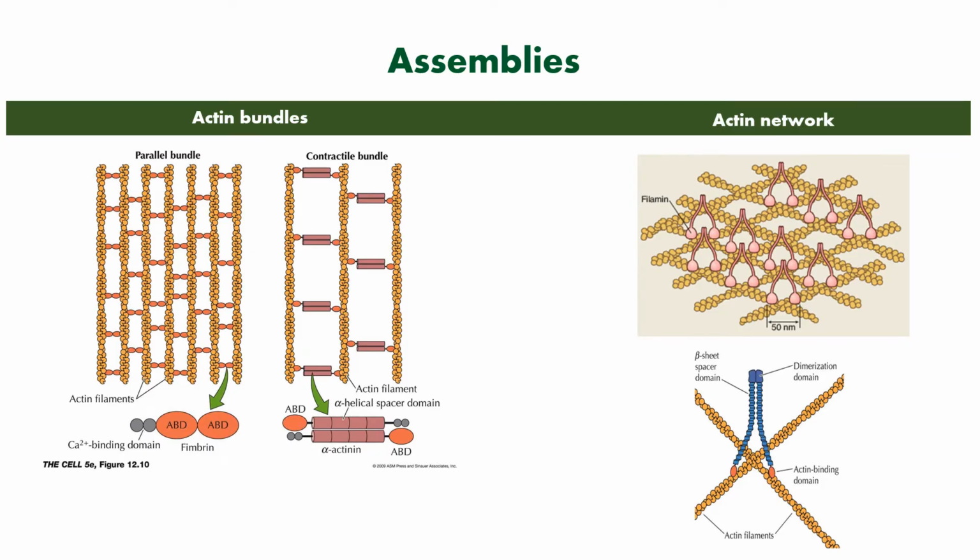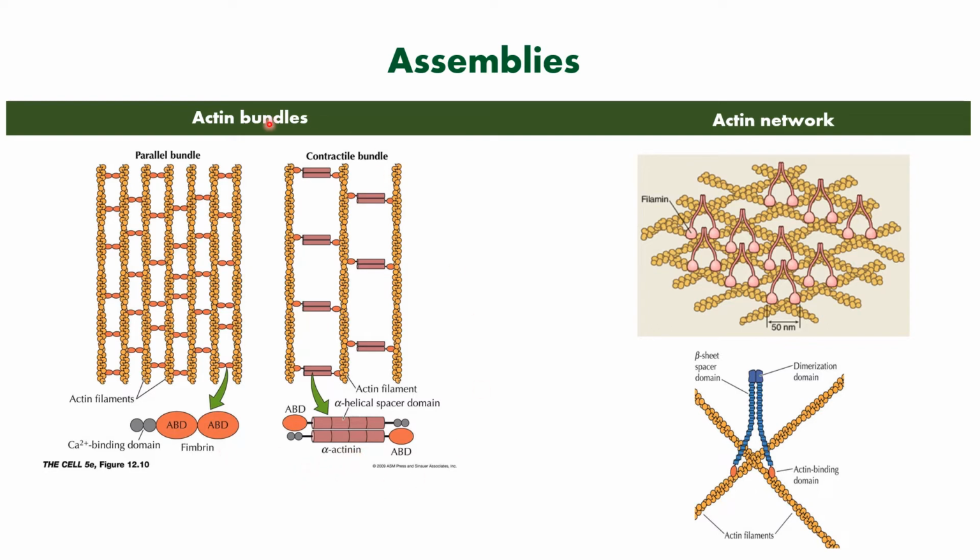The microfilaments or the actin filaments can be assembled into two main types, actin bundles and actin networks. The bundles, as you can see here, are cross-linked into closely packed parallel arrays. Here you can see two parallel filaments linked to each other by this type of linking protein, which is here fibrin and alpha-actinin.